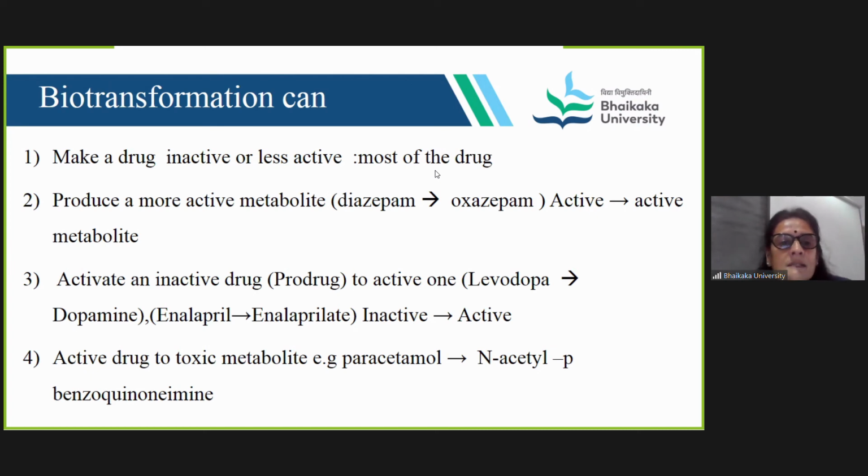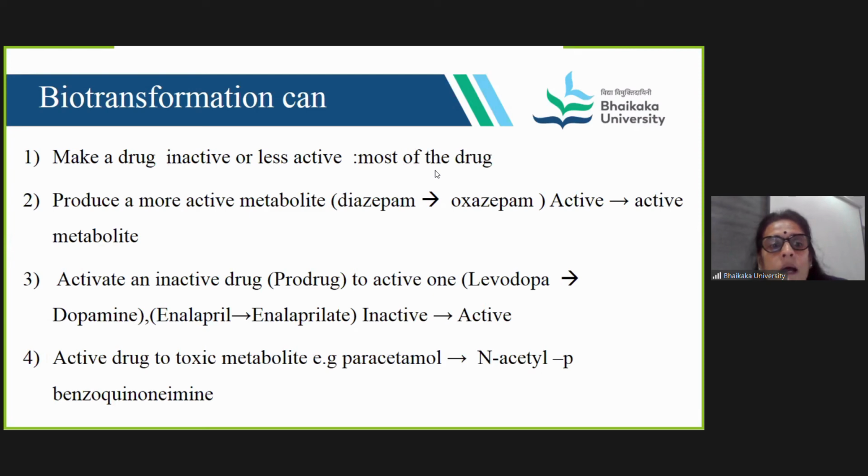That is called a prodrug. Remember the difference between this prodrug and the second point. A prodrug is a drug which is inactive outside and becomes active during this process. Example I have written here, levodopa.